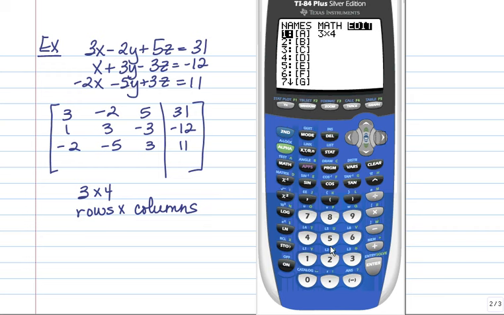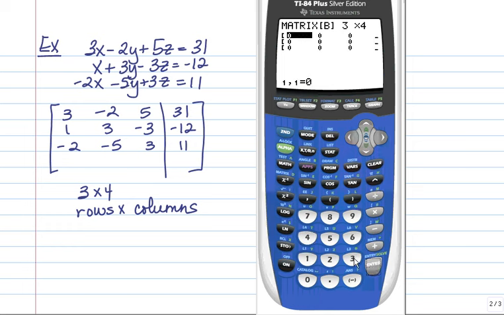I'm going to put it in matrix B, but just so you can see the idea, if you didn't have anything in matrix A, you would go through all these steps with matrix A. I'm going to enter 2, and the default is 1 by 1, but we need to tell it it's a 3 by 4. Every time you change a number, press enter. Now it's going to take us down to the matrix.